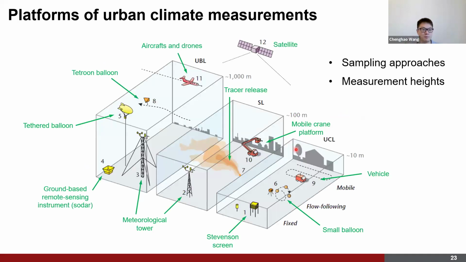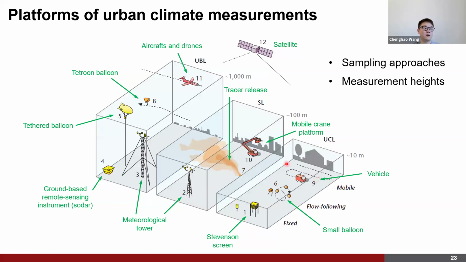Okay, let's go through some commonly used platforms for urban climate measurements. So these platforms I'm showing here use different sampling approaches. They can be either fixed stations across different scales, flow following techniques also across different fields from urban canopy layer to surface layer to urban boundary layer, and also mobile measurements.